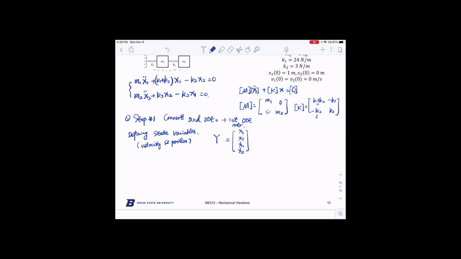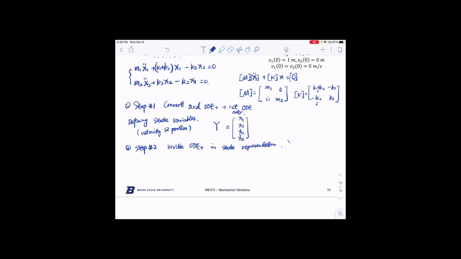All right, so step number 2 is to write your ODEs in state representation. What is state representation?